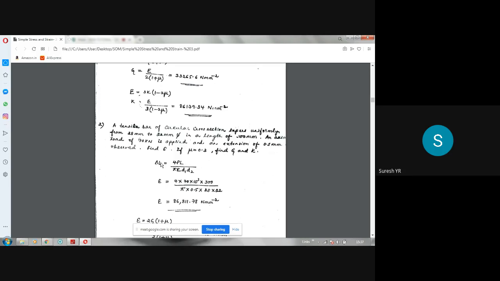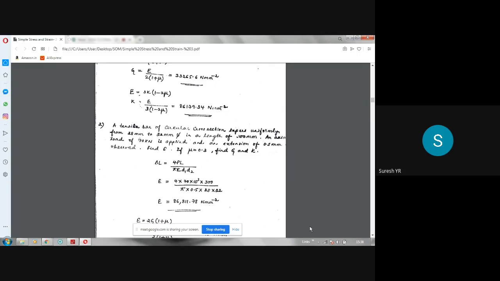So delta L is 0.5 mm, P is 70 into 10 power 3 Newton, L is 300 mm, D1 is 28 mm, D2 is 22 mm. If you substitute in that formula, you will get the Young's modulus value E as 86,811.78 Newton per mm square. Once again, it is not steel, it is some other material.